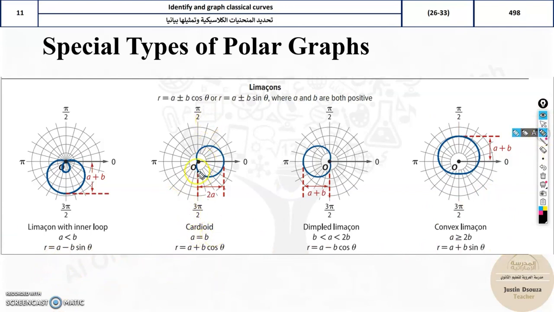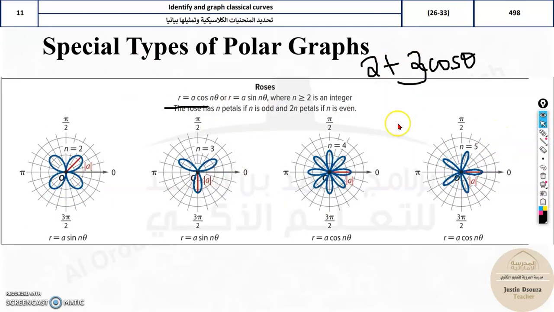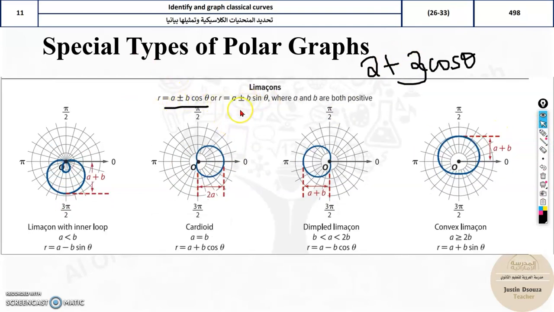If you're thinking what's a cardioid, a cardioid is a Limaçon with the same a and b values, imagine we have 2 plus 2 cos theta, or it can be sin theta. If it is the same a and b values, then we call it a cardioid. If the values are 2 and 3, then it will be one of the other types. We will look into this in a while. So just remember these standard forms.